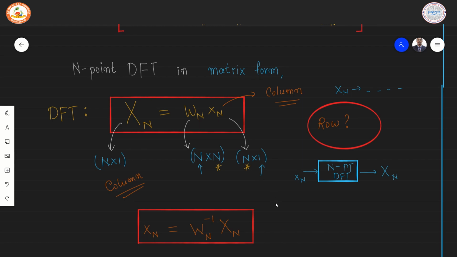Now, can we have the inverse of this? Yes. To compute x of n, W of n has to be taken to the other side, and it becomes W of n to the power of minus 1.